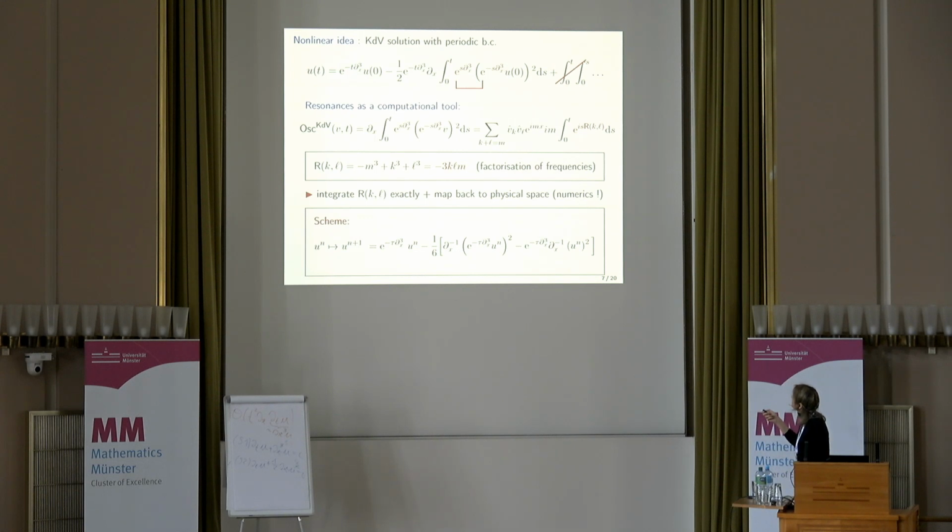Here for KdV, this would still be possible. This is a one-dimensional model with a quadratic nonlinearity, so numerically this would still be doable. But if you go to higher dimensions or to higher order nonlinearities, then your computational effort would just explode, because you would have too many sums to calculate and too many sums to store.